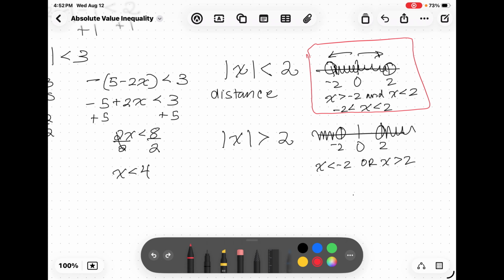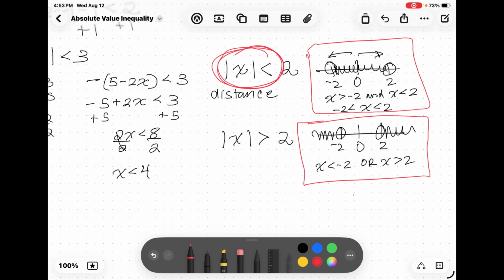And then that's all we can do with that. We can't write another statement. There's not another form of that statement, and that's it. Okay. So that was quite a detour there. And the fact of the matter is that whenever absolute value is less than, I've got an and statement.